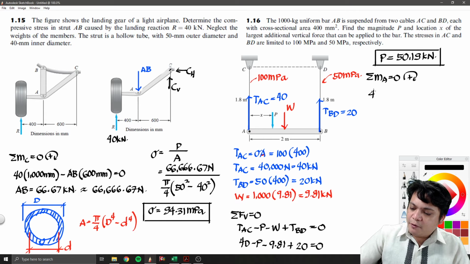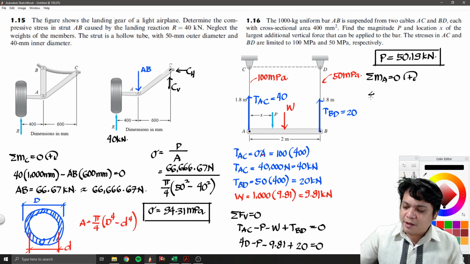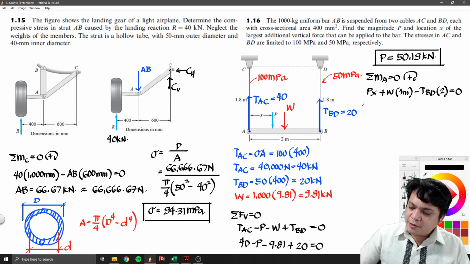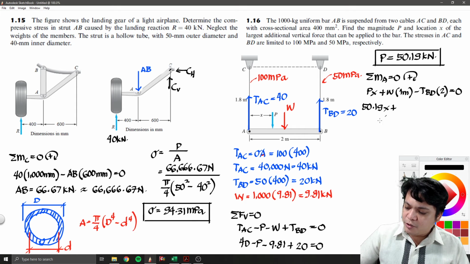I no longer have the 40 since it acts there. So I have Px plus W multiplied by 1 meter, minus TBD multiplied by 2 meters, equals 0. So 50.19 of X plus 9.81 times 1 minus 20 multiplied by 2 equals 0.